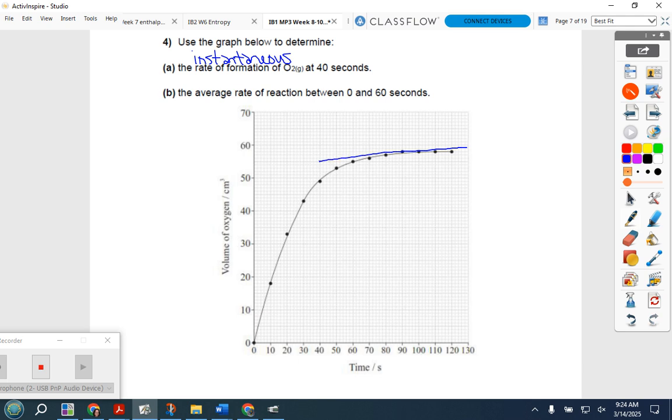Something like that, where it touches the curve and I'm getting the slope of the curve at that particular point. And when you're doing it by hand, everyone's line is going to be a little bit different, and that's okay. You're going to have a little bit of a range of values here.